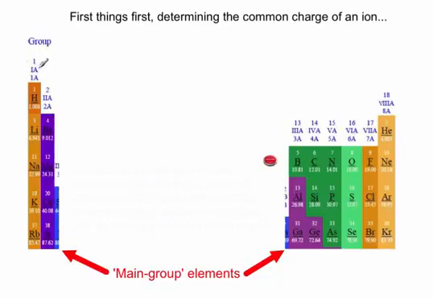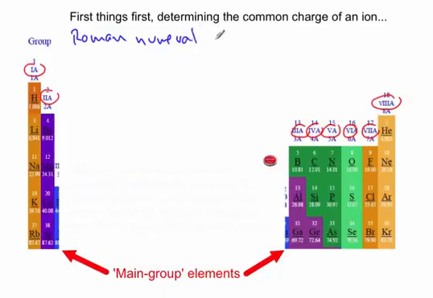These Roman numerals, 1A, 2A, and we go across on this side, 3A, 4A, 5A, 6A, 7A, and 8A. So those are important, because the Roman numerals tell us the number of valence electrons. So that's our first step, is very quickly get valence electrons.